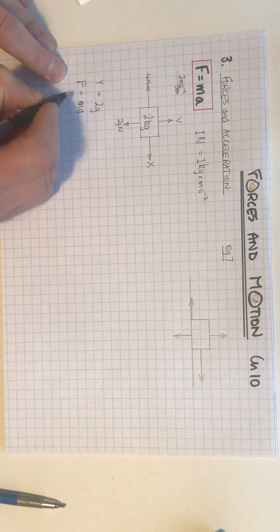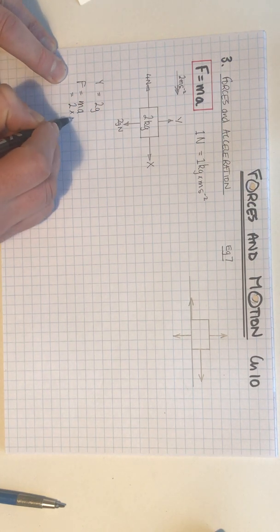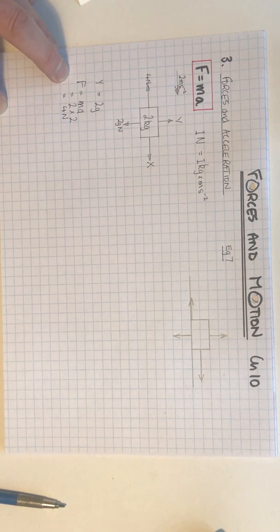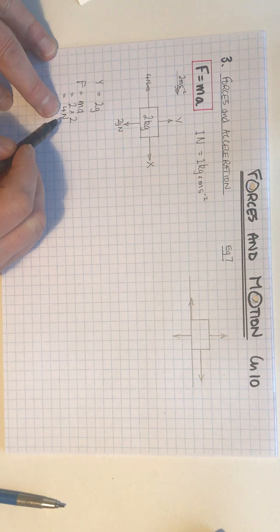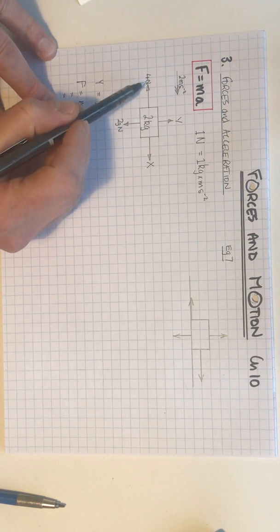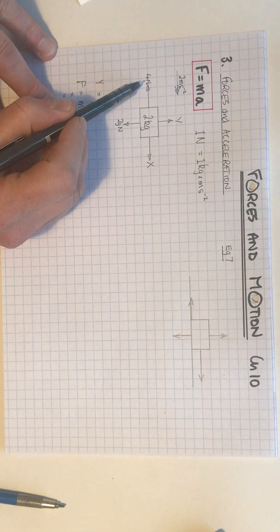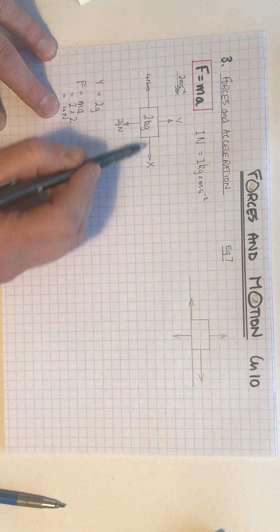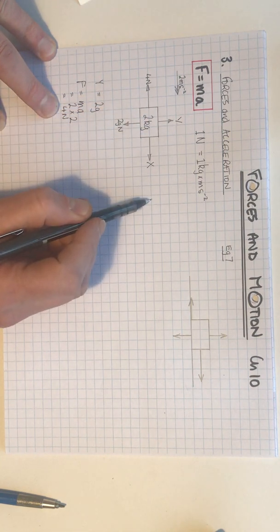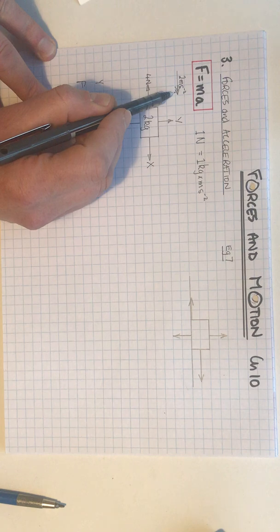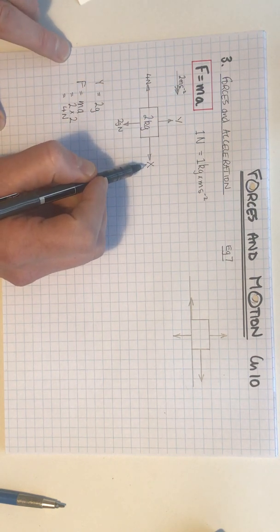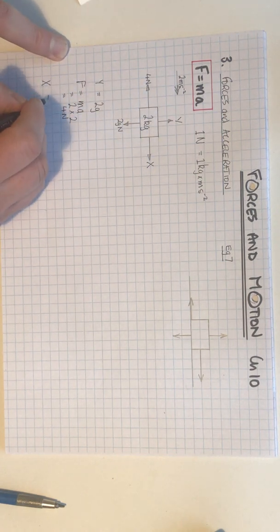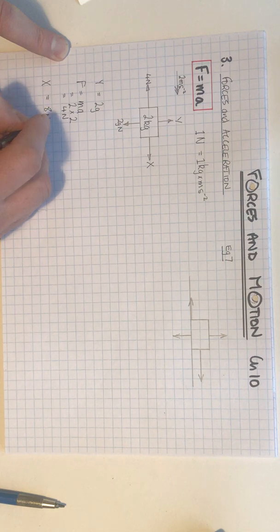The force required is 2 kilograms times 2 meters per second squared, which is 4 newtons. So the resultant force has to be 4 newtons. We've got a 4 Newton braking force pulling backwards. So the resultant of these two must be 4 newtons to the right, because it's accelerating to the right. Therefore x has to be 4 newtons more than this. So x has to be 8 newtons.